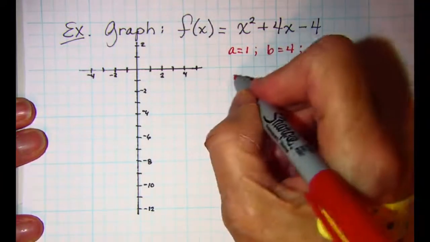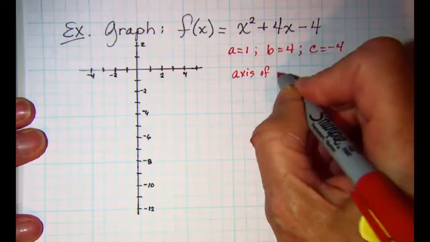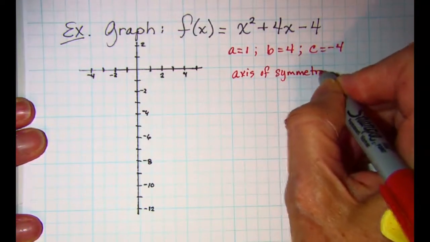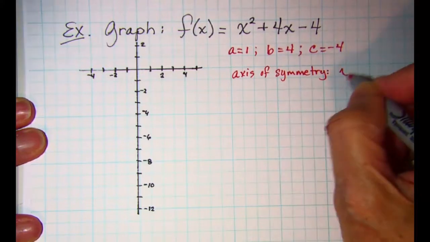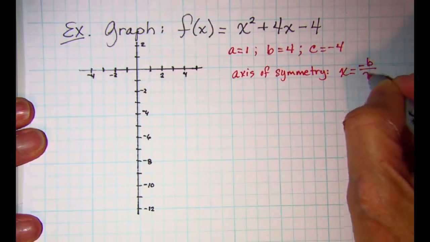To find the axis of symmetry, we'll use x equals negative b over 2a.